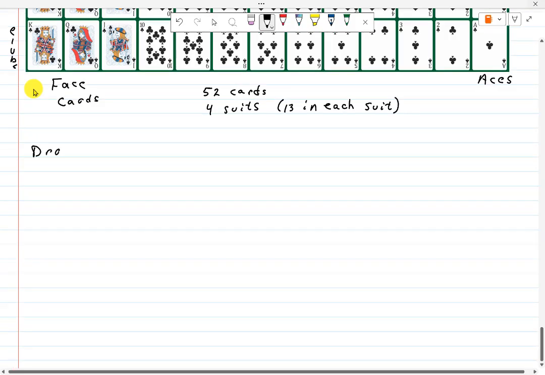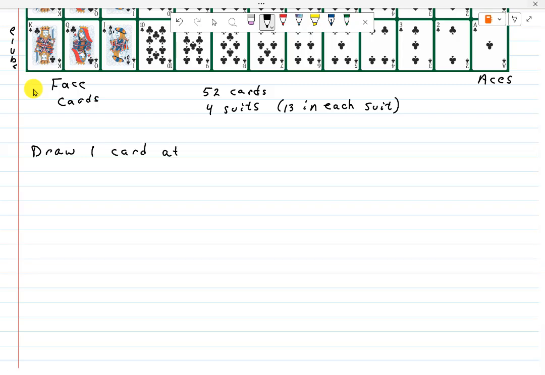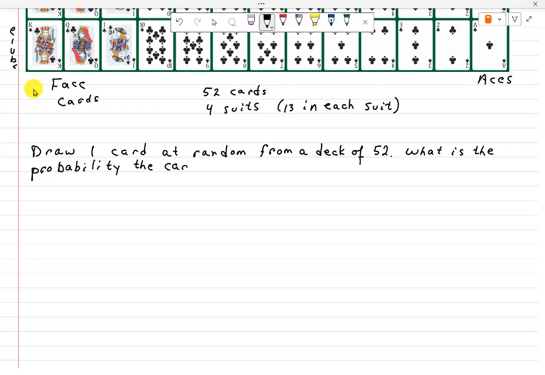Let's draw one card at random from a deck of 52. What is the probability the card is?